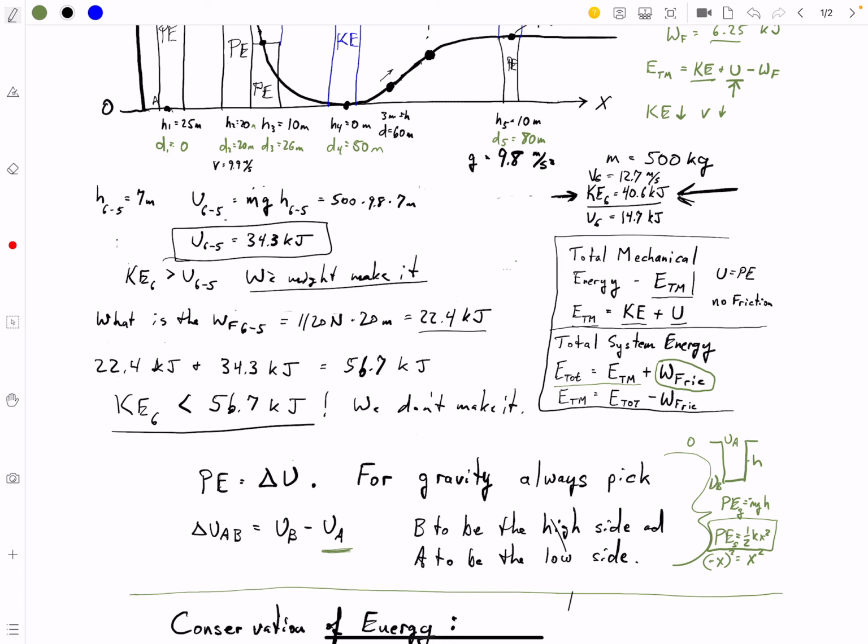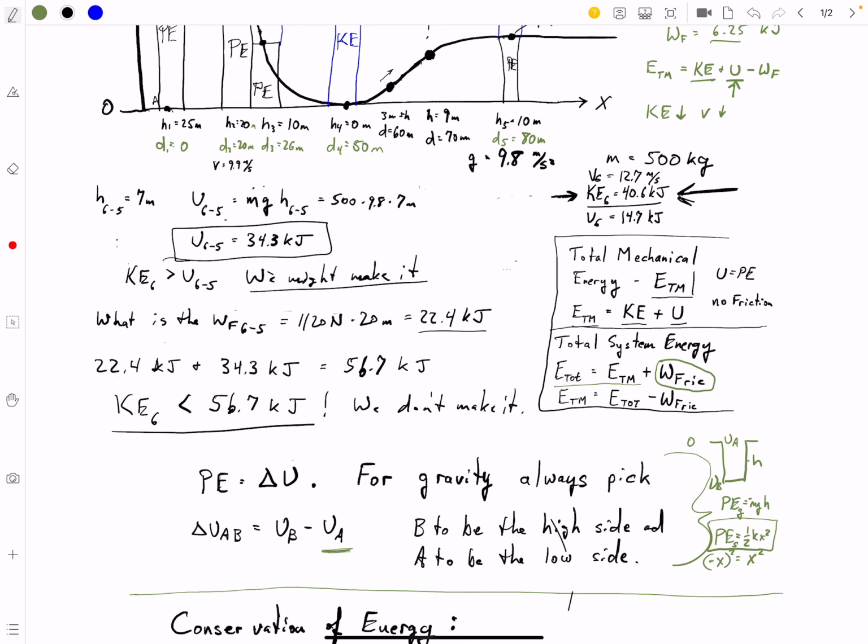Up to point 5. Okay, so we've got point 7, and I'm going to put in a little bit of stuff here. At point 7, our height is equal to 9 meters, and our distance is equal to 70 meters. So here's point 7.